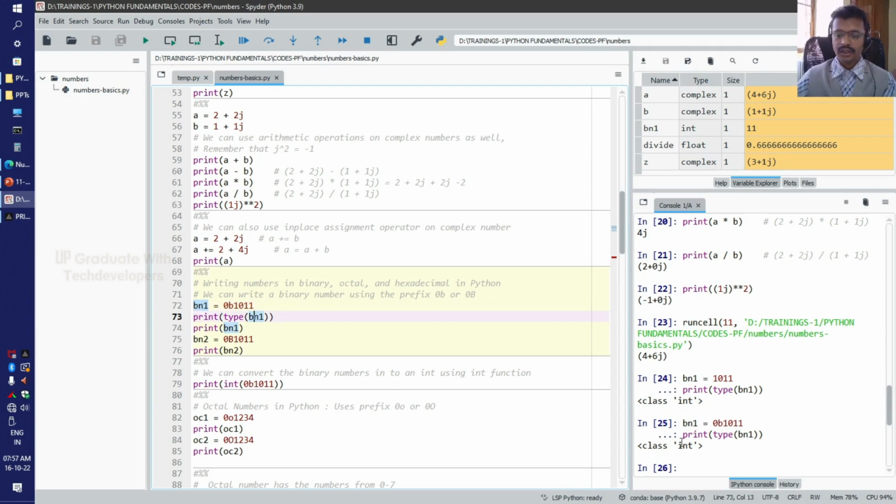That's why it is printing the type as int, but actually it is a binary number. This number will be converted to an int before it is assigned to the variable bn1. So don't get confused with how the operation happens.